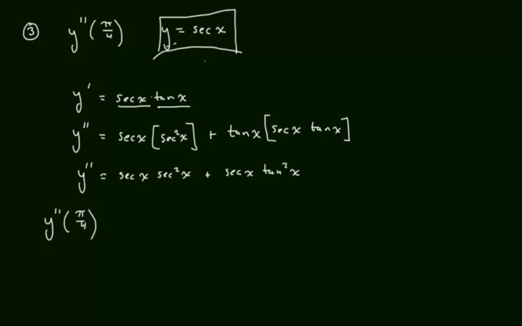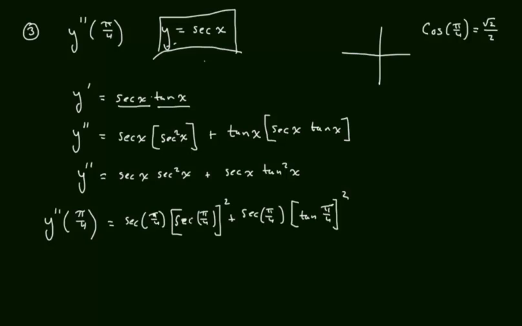And this just has us recall some identities from last year. So the cosine at pi over 4 is equal to square root of 2 over 2, which everyone should know. So the secant of pi over 4, well, let's write this out. The secant of pi over 4 is 1 over radical 2 over 2, or simply 2 over radical 2.